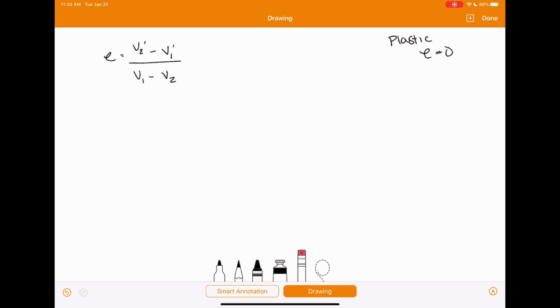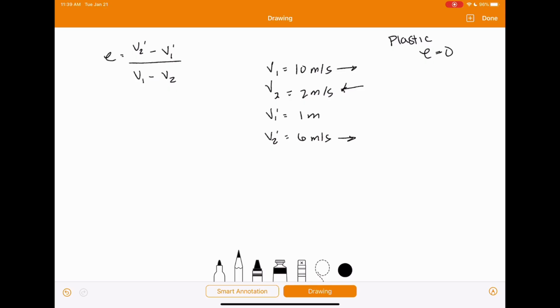All right, so for example, if we know two objects collide and the initial velocity for one equals 10 meters per second this direction, v2 equals 2 meters per second this direction, and then the final velocities are 6 meters per second that way and 1 meter per second that way, you just plug these into this equation.